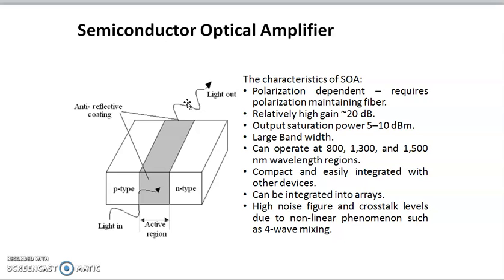So it operates in a narrow wavelength band, that is a given wavelength region, and this semiconductor optical amplifier belongs to the traveling wave amplifier category. It means your light propagates through this active medium. In the propagation of the light, it amplifies the optical signal.